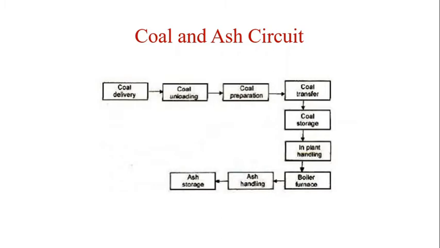These are the steps which are included in the coal and ash circuit. The coal arrives at the storage yard and after necessary handling, it passes on to the furnace fuel feeding device. Ash resulting from the combustion of the coal collects at the back of the boiler and it is removed to the ash storage yard through the ash handling equipments.